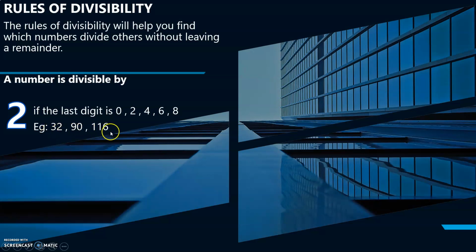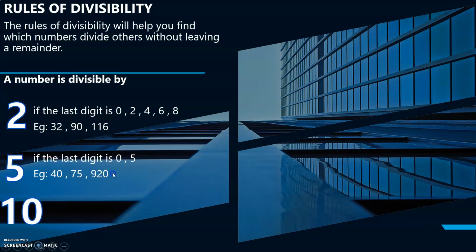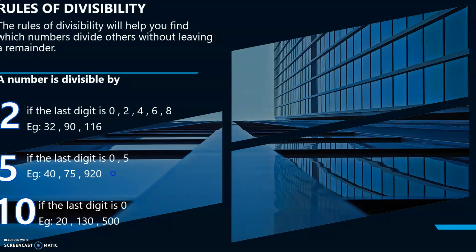So these numbers are divisible by 2. 5. If the last digit is 0 or 5. For example, 40, 75 and 920. 10. If the last digit is 0. For example, 20, 130, 500.